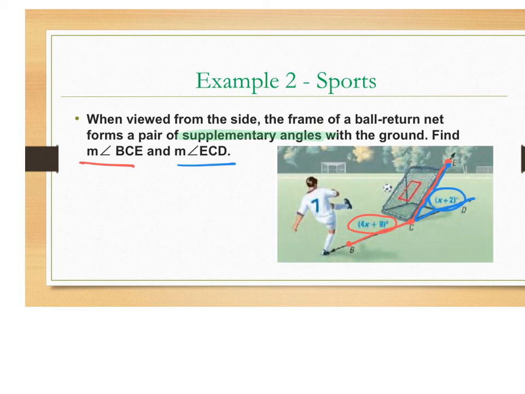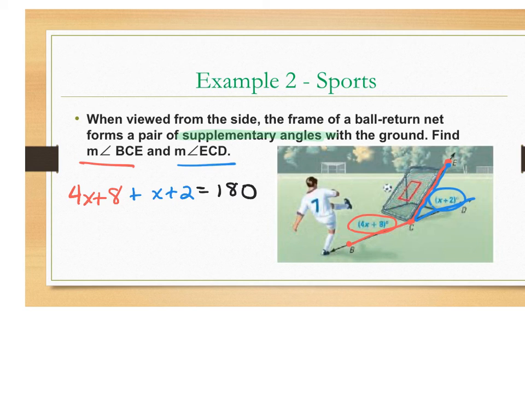Supplementary angles are two angles whose sum is 180. So I'm adding BCE, which is 4x plus 8, to ECD, which is x plus 2, and setting it equal to 180 degrees.